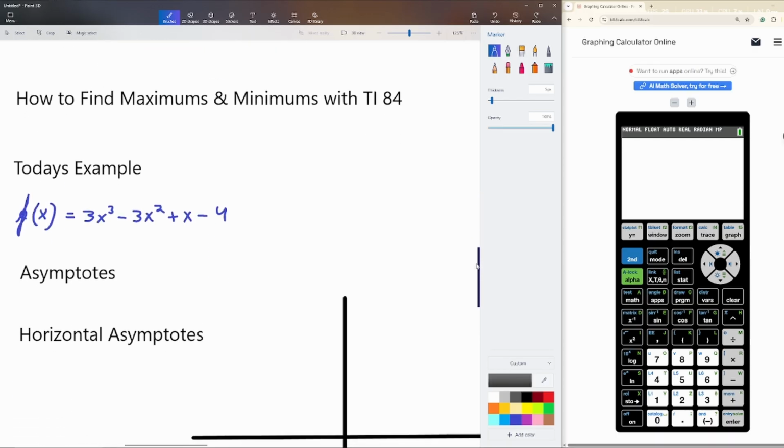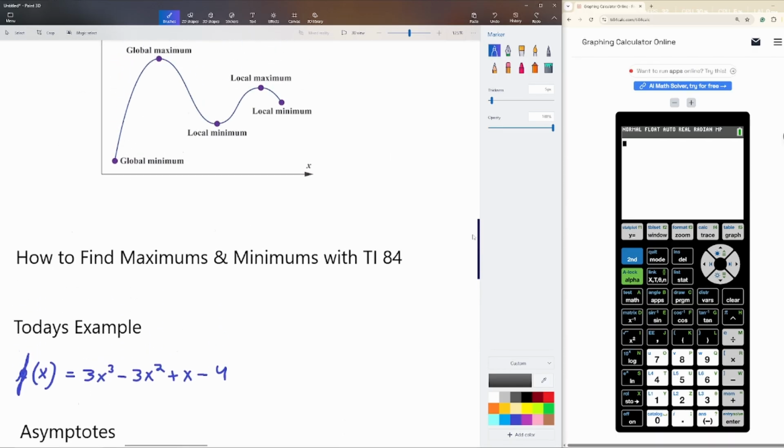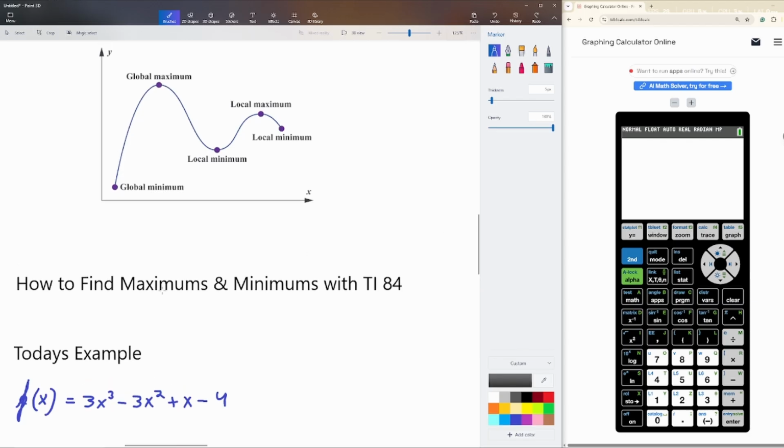So, how do we actually find these maximums and minimums with your TI-84? Today's example is 3x cubed minus 3x squared plus x minus 4. From the previous lessons, you know where to input your values.